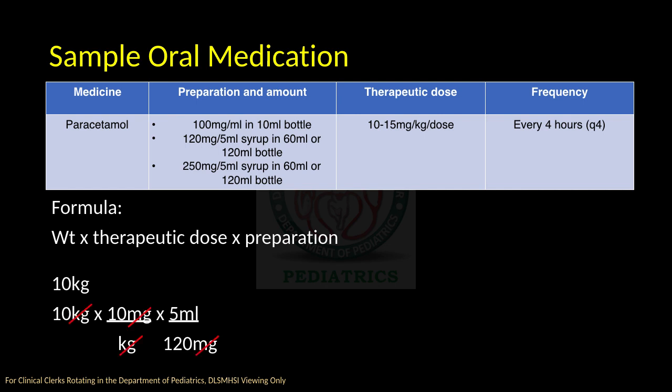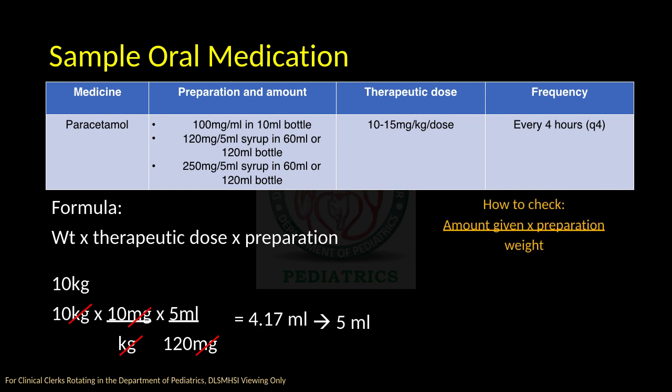Then cancel out the labels to get the product of 4.17 ml. It would be very difficult for you to prescribe 4.17 ml, but it is best that you round this off to the nearest amount labeled in the medication cup, which is 5 ml.